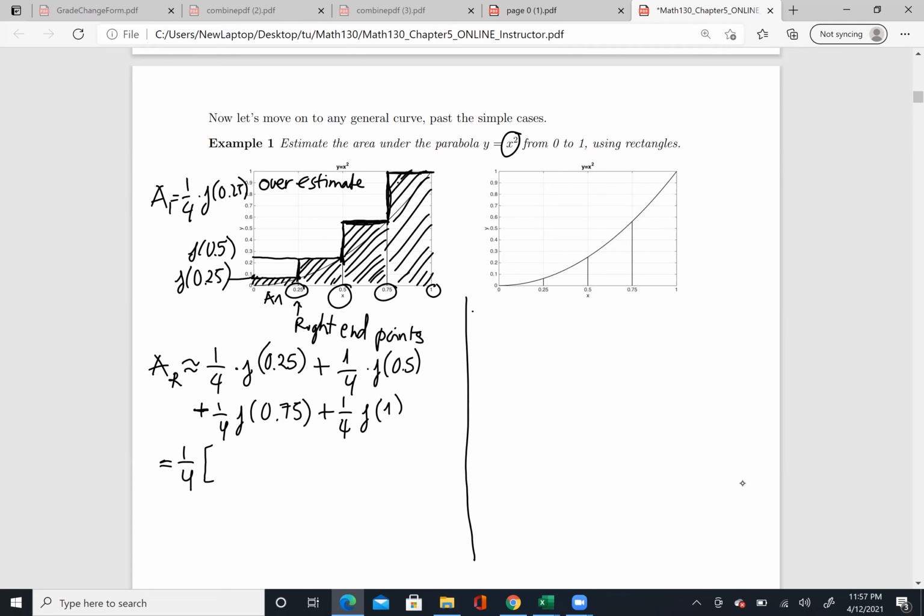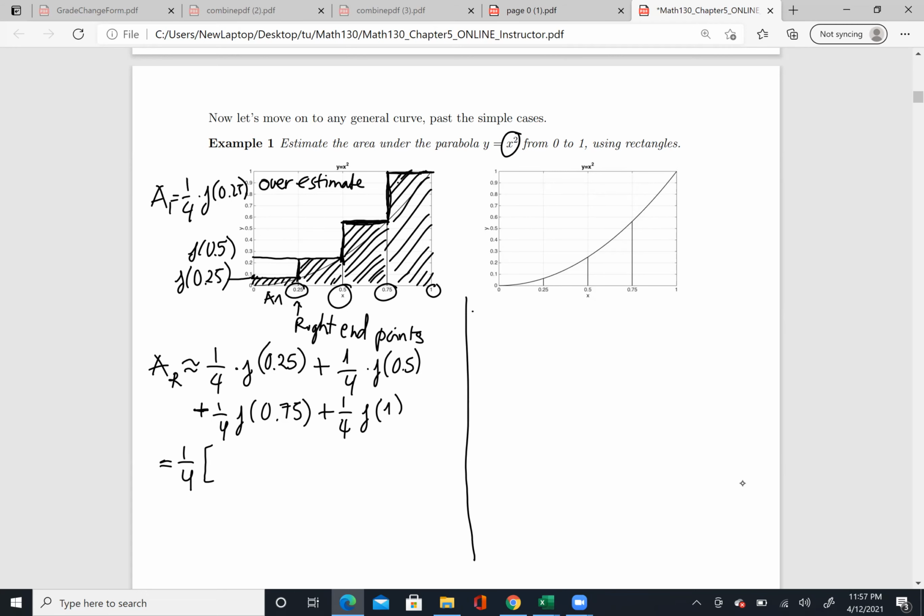And then I will get 1/4 multiplied by 0 plus 0.0625 plus 0.25 plus 0.5625, equal to 1/4 times, using a calculator, 0.875.